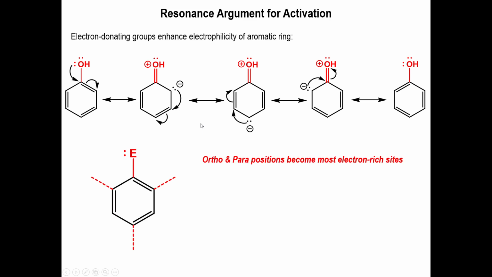And what that ultimately means is that these sites are the ones that have the most electron density. And as a result, these are the sites where if you are to do more than one substitution on the benzene ring, the substitutions are going to happen on this position specifically, ortho to the activating group or para to the activating group. So that's kind of how this starts coming together.